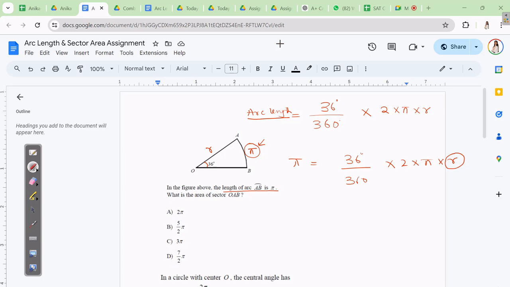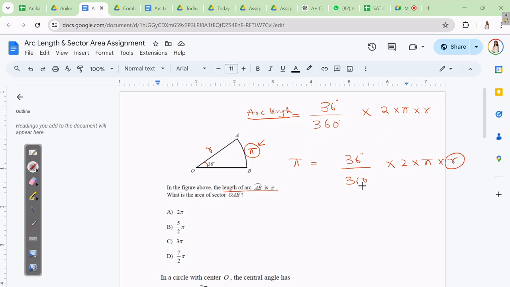So would I first divide both sides by pi? Yes, divide both sides by pi. And so that way I'd be able to multiply the 2 by 36 over 360. Yes, you can do that, you are absolutely correct, but I'll tell you some steps which will reduce your calculations.